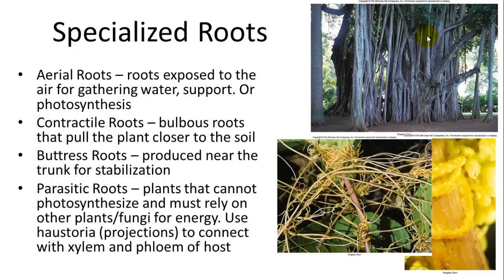There are also some parasitic roots which don't actually photosynthesize. Instead, what they do is they tap into, that's what we have here, tap into another plant's xylem and phloem and get energy from the plant that way. And the projections which do that are called haustoria.